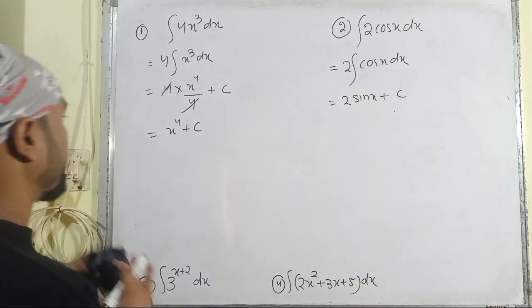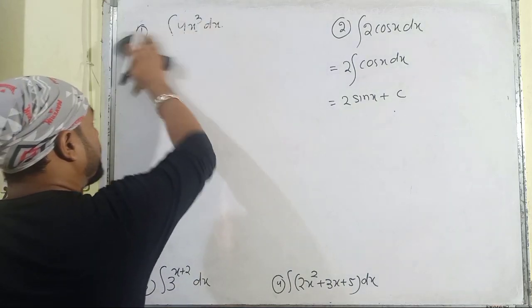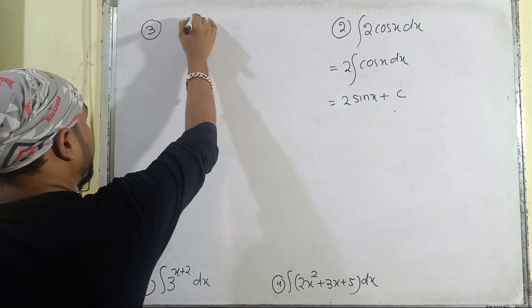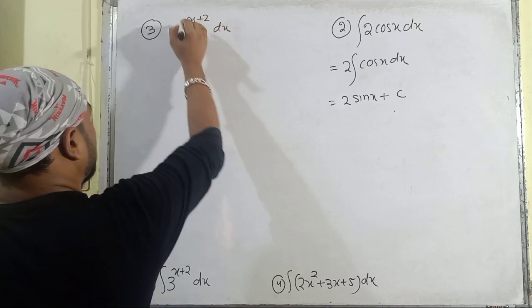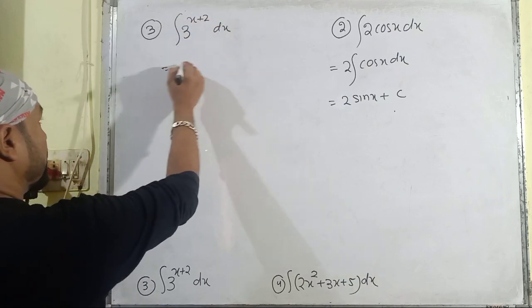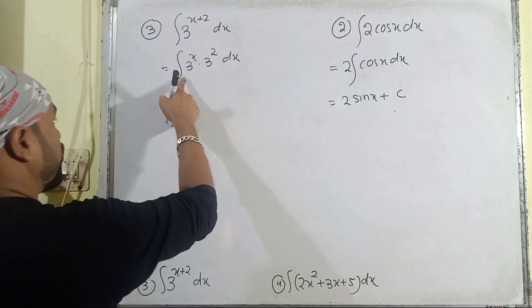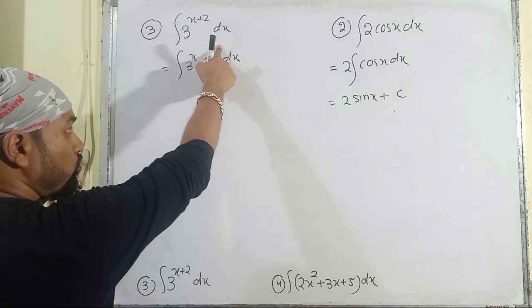Then coming to the third question: the integral of 3 to the power x plus 2 with respect to x. That is 3 to the power x multiplied with 3 to the power 2.